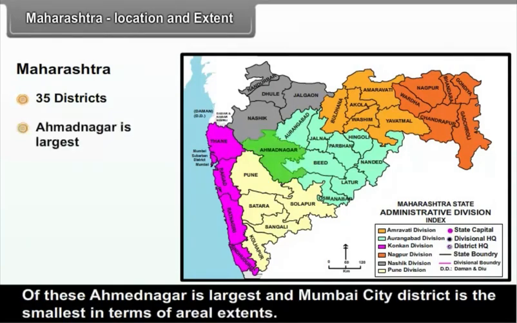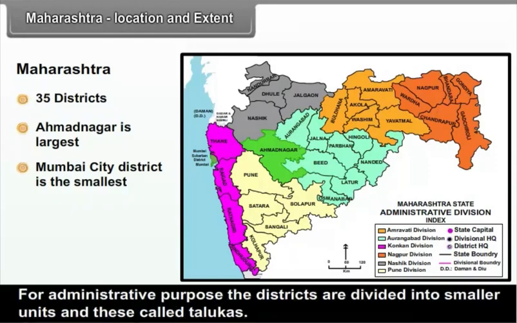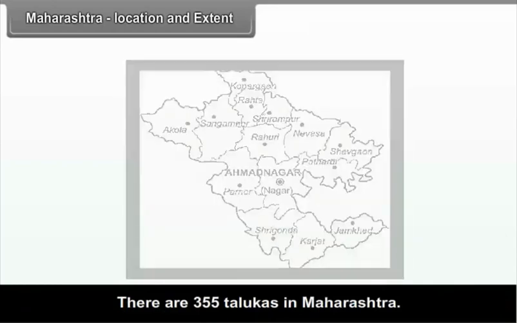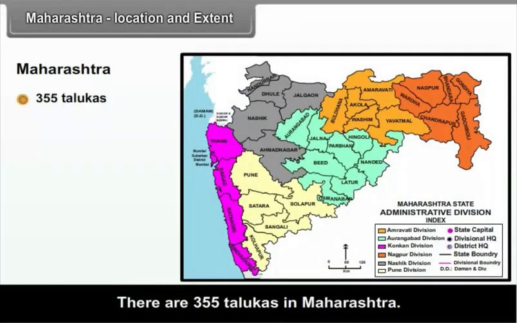Of these, Ahmednagar is the largest and Mumbai City district is the smallest in terms of areal extent. For administrative purposes, the districts are divided into smaller units called talukas. There are 355 talukas in Maharashtra.